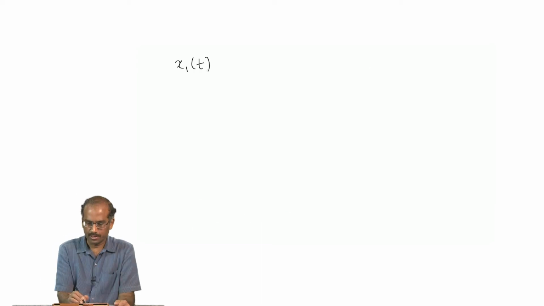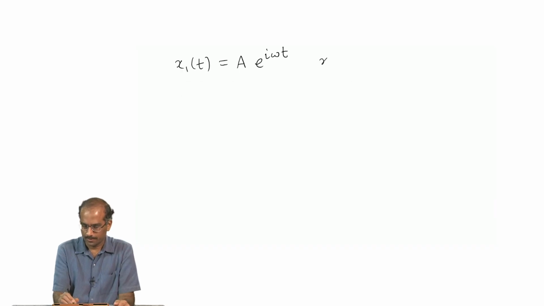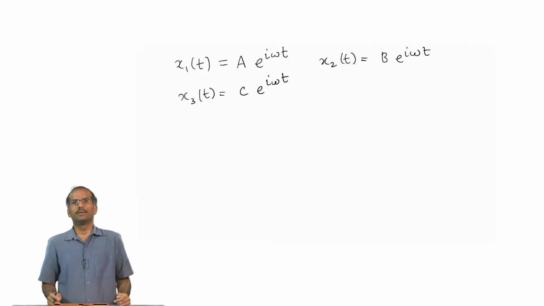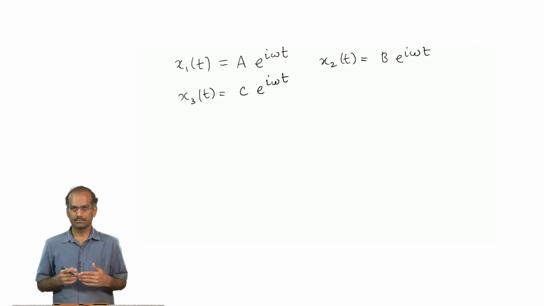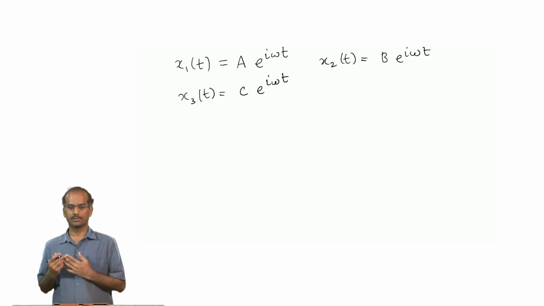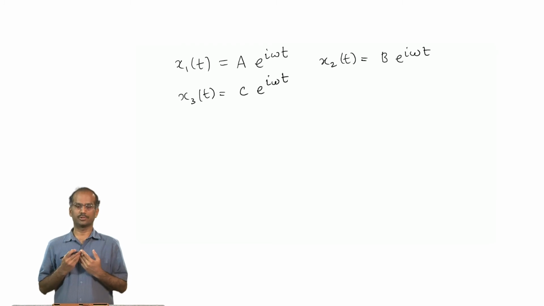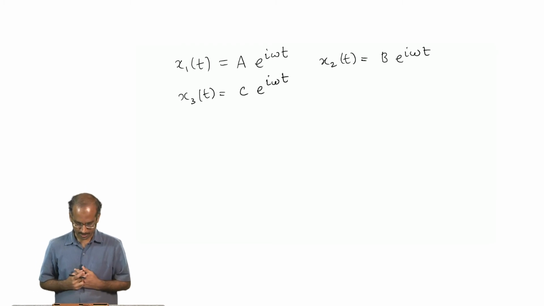So let us assume that x1 of t is a into e power i omega t, and x2 of t is equal to b into e power i omega t, and x3 of t is equal to c into e power i omega t. So, we do the usual calculation, calculate x1 dot, x2 dot, x3 dot, and also the second derivative of these displacements.